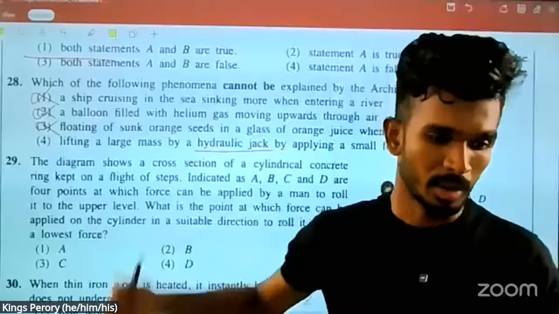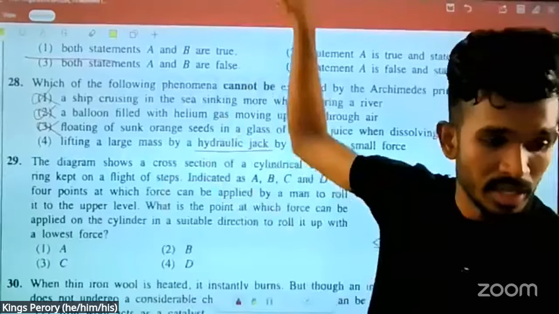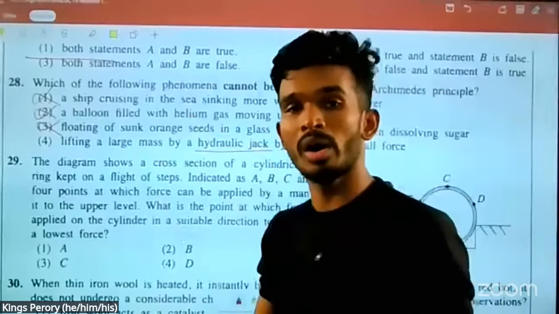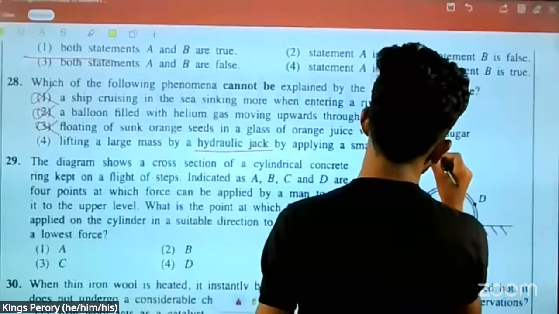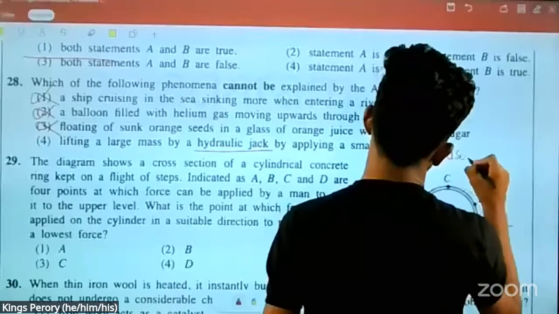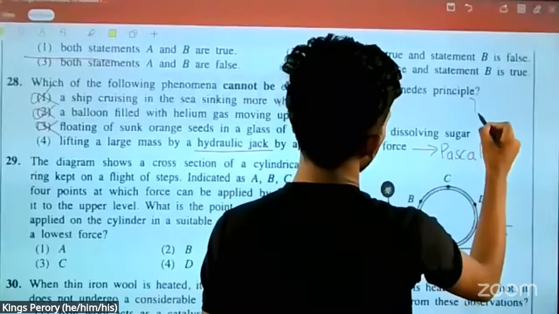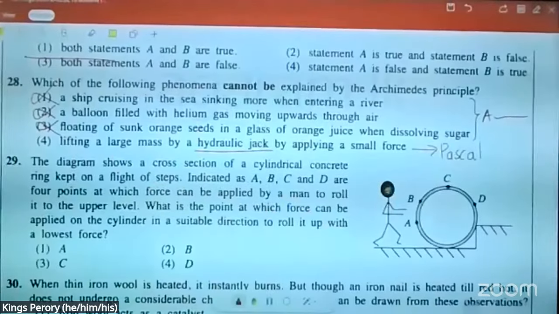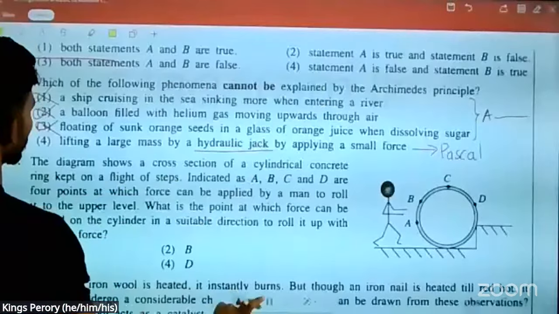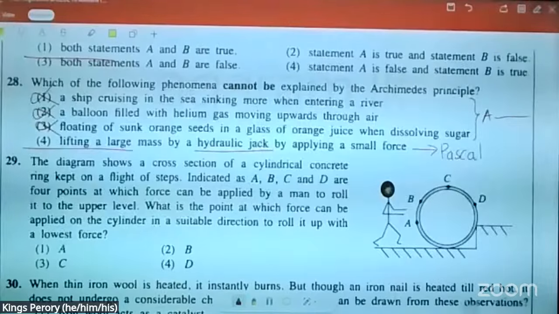Pascal was talking about transmission of pressure through liquid. Remember, a hydraulic jack works based on Pascal's principle. In all the other places, Archimedes comes into play. Here it's Pascal. So they're asking which cannot be explained. Answer is answer 4. You can't explain that.